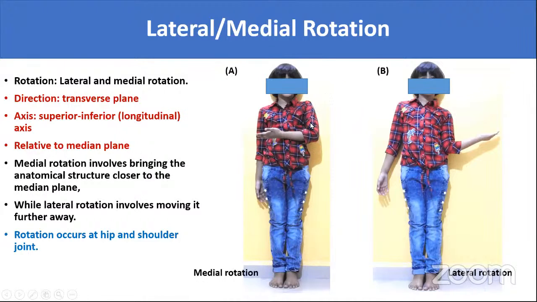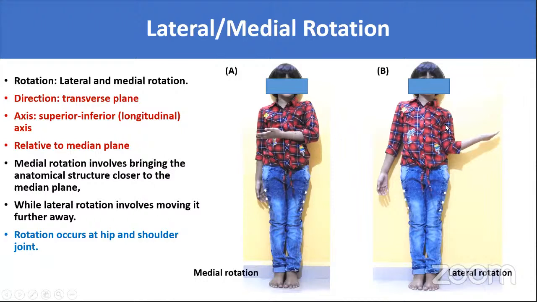So this is the longitudinal axis. This is the transverse plane, which shows where the movement is seen, and this is the median plane. So this movement is medial rotation, because this forearm, with reference to this upper arm, has moved towards the median plane.